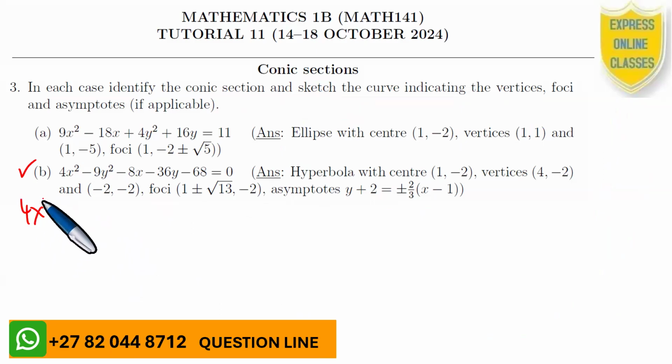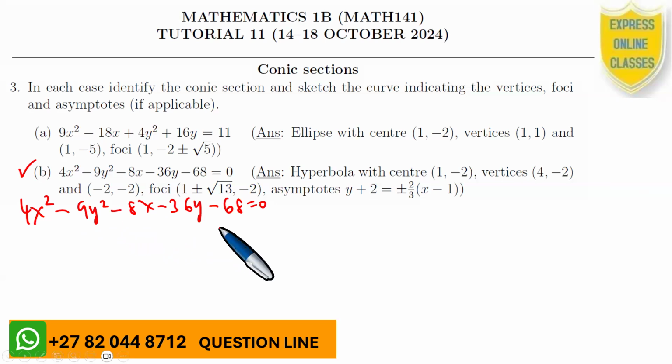Whenever we have 4x squared minus 9y squared minus 8x minus 36y minus 68 equals 0, let's continue with this.